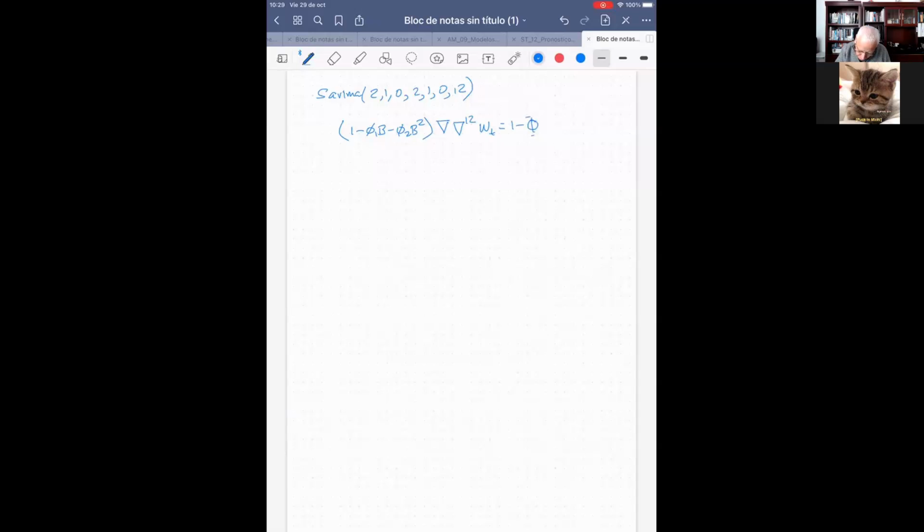And we have an order 2 model here, phi 1, phi 2, B to the 12 minus phi 12, phi 24, B to the 24.